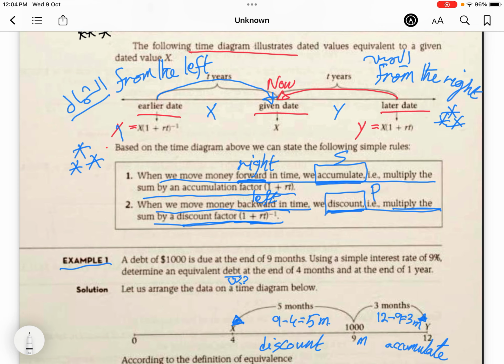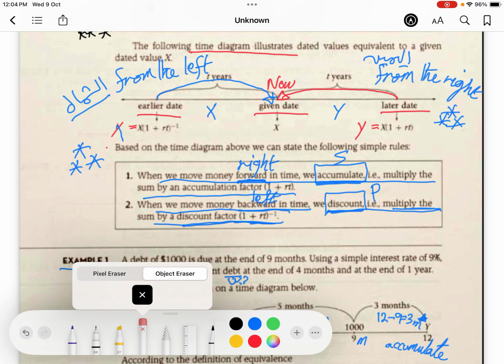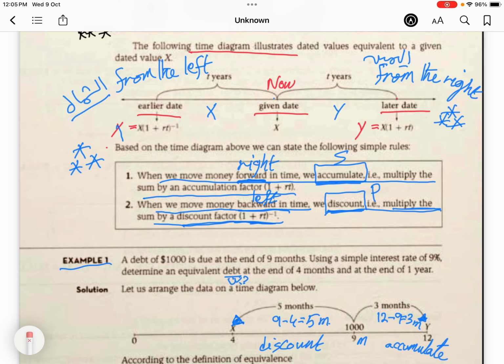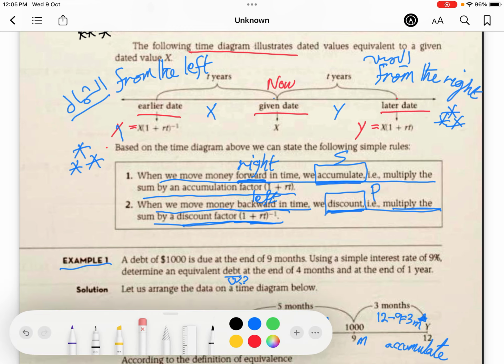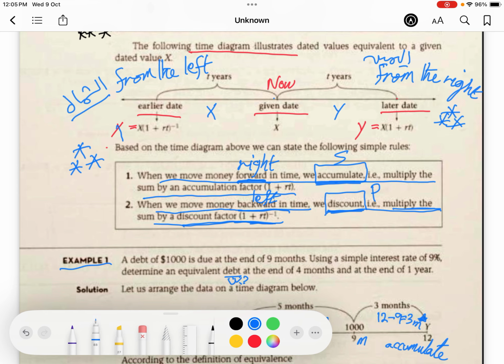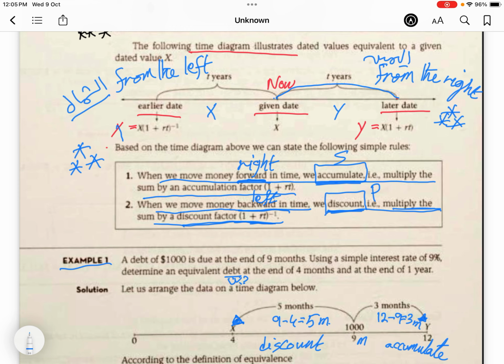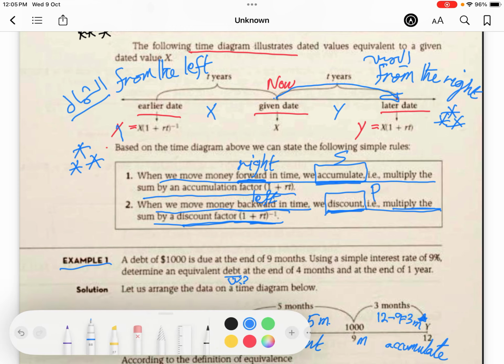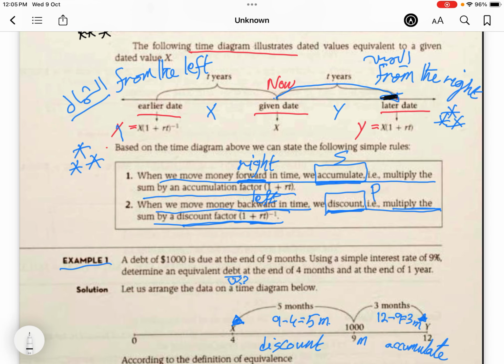We will see here, from now to this later date, multiplication.